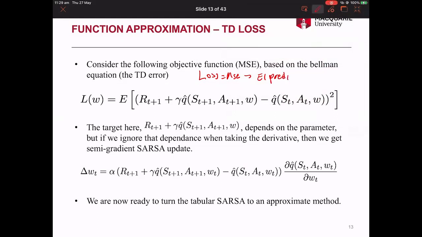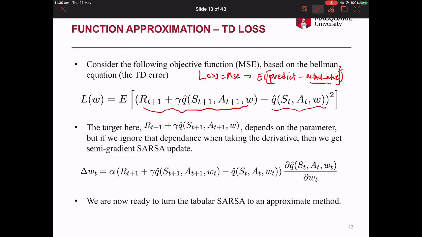We predict something, and we subtract that from the actual value, and we square all of this. And this was the mean squared error algorithm. And we are turning the TD error into the exact same thing. So this will be the target, the actual value, and this is our predicted value.